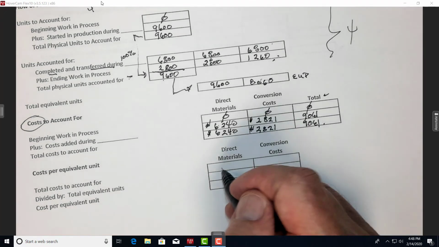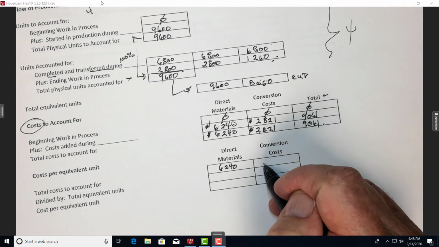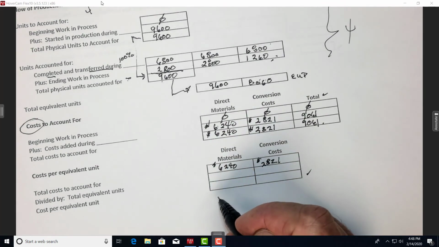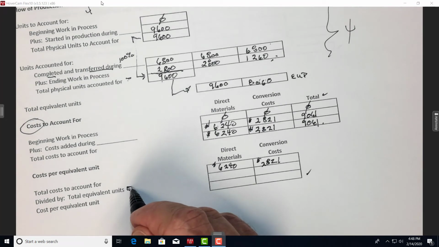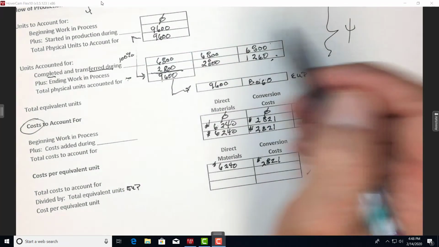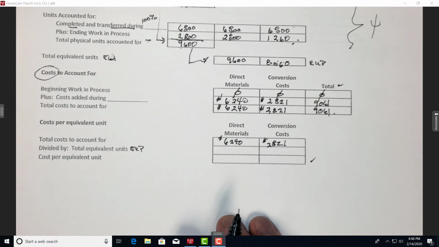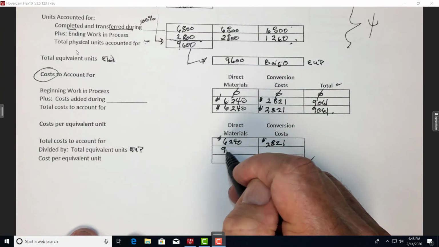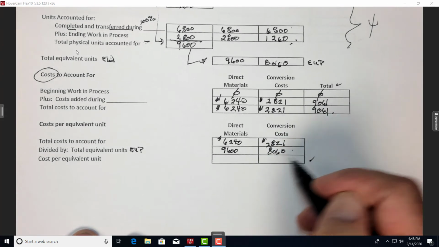Now we have to divide the cost to account for by the equivalent units. We know the direct materials is 6,240 and the conversion cost is 2,821. The equivalent units of production, we bring down, are 9,600 and 8,060, and we divide.